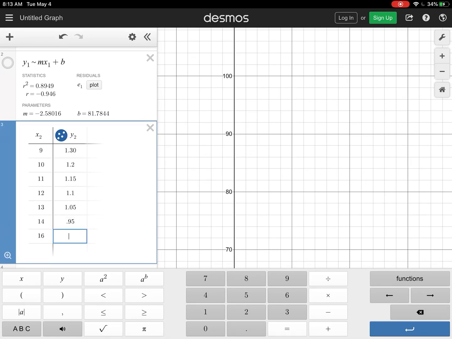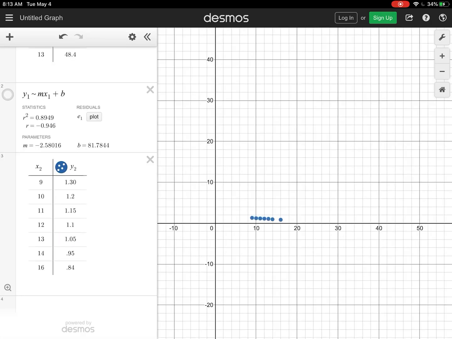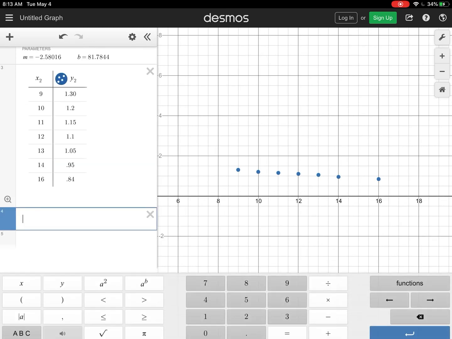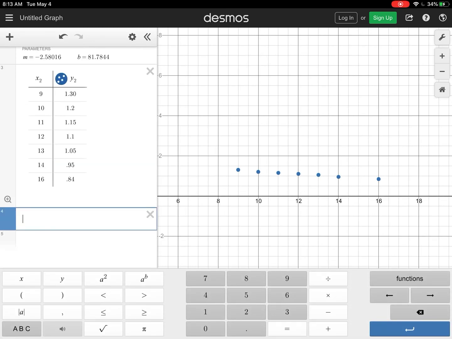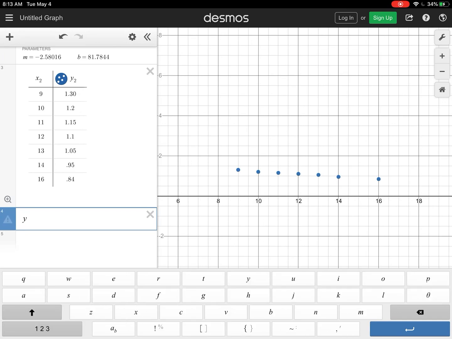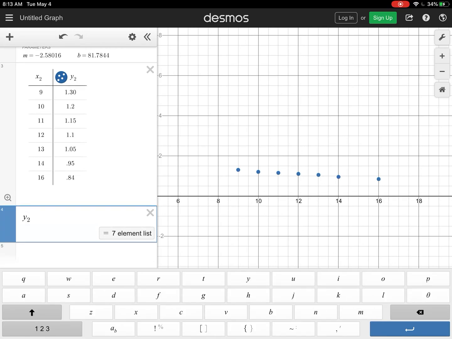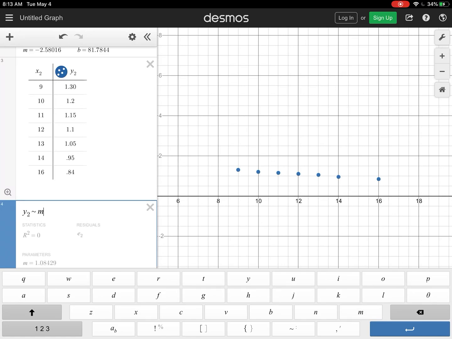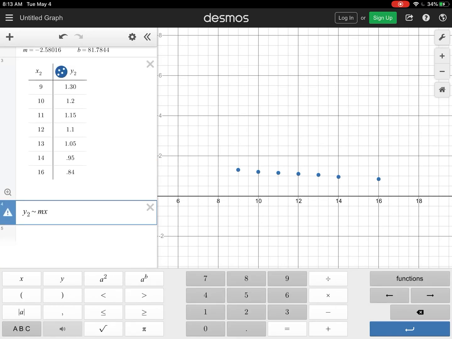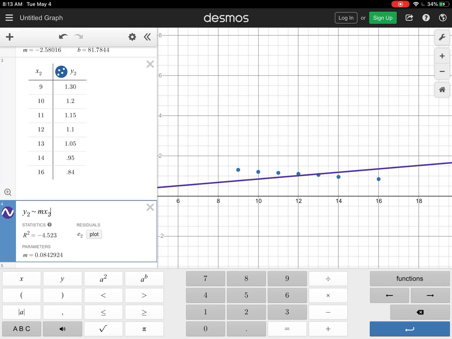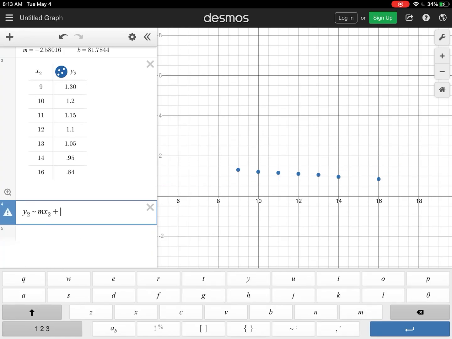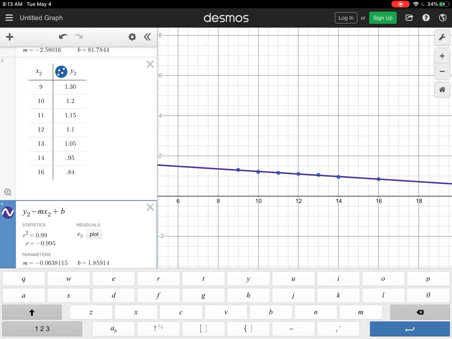Oops, let me just fix that one. Okay, so this data is all sitting down here. So now because I had X2s and Y2s, I'm going to type Y subscript 2, side arrow, I need a squiggle. I want an M, an X, and a subscript 2, and then plus a B. Okay, so there's my line of best fit.